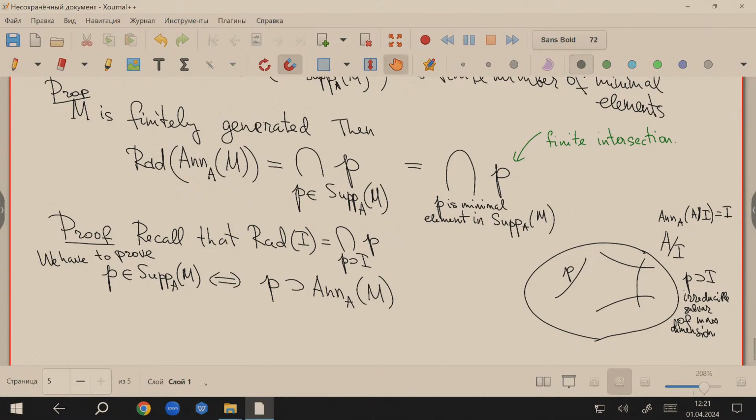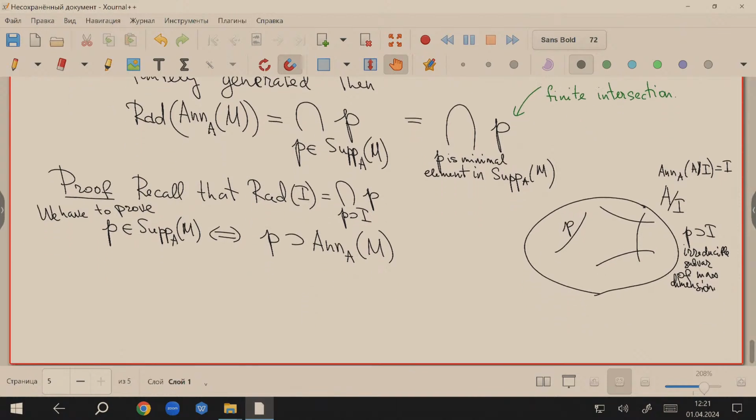Here, notice, what does it mean that P contains an annihilator?